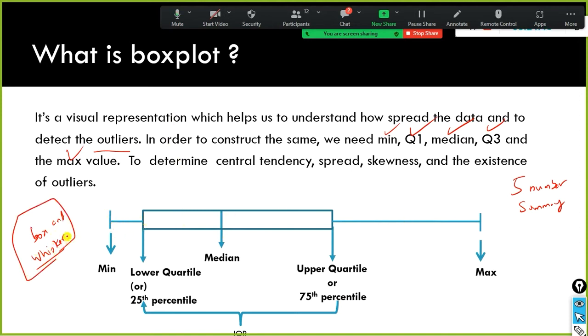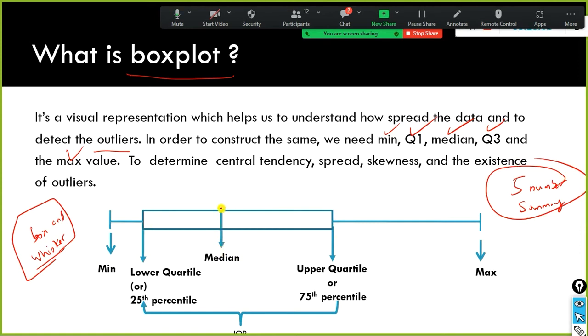That's the reason they call it box and whisker, but in practice we use the term box plot. In a box plot, we can plot the five number summary: the minimum, maximum, upper quartile, and the median. The median need not be exactly in the middle. It can be somewhere like this.